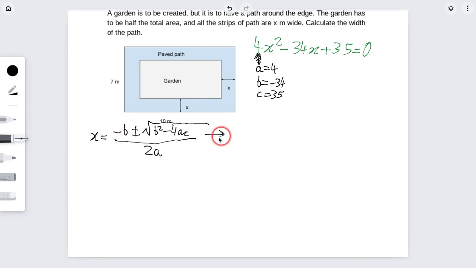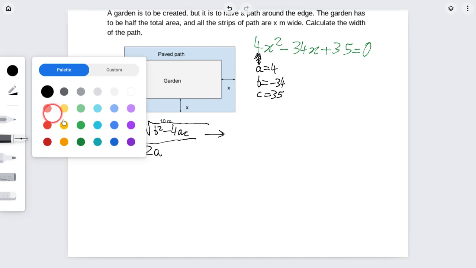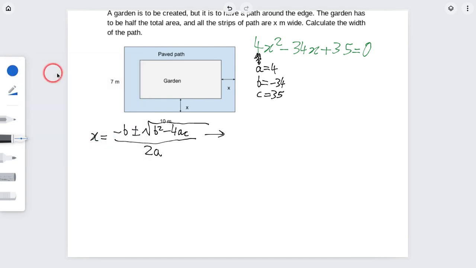So let's put this right here. I'm going to change the color to blue. Negative of negative 34 will be positive 34, so we'll leave it like that.